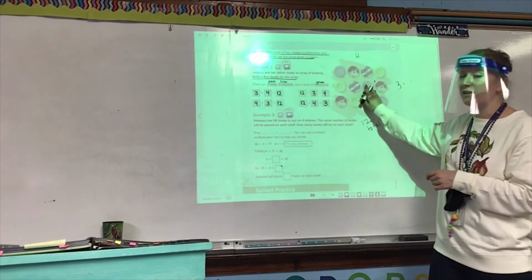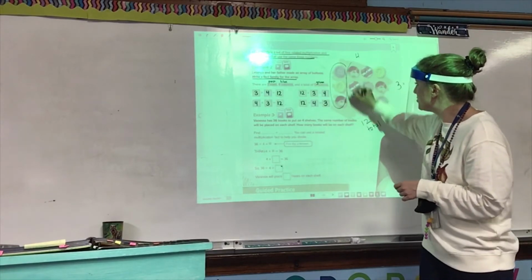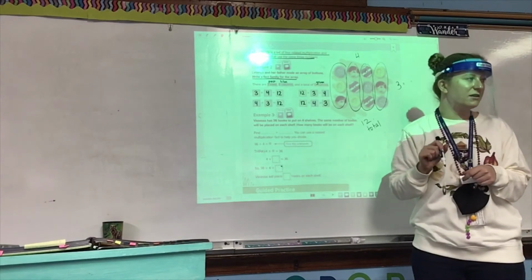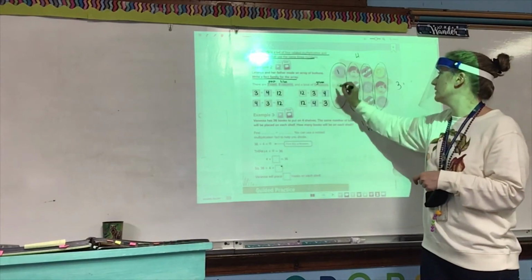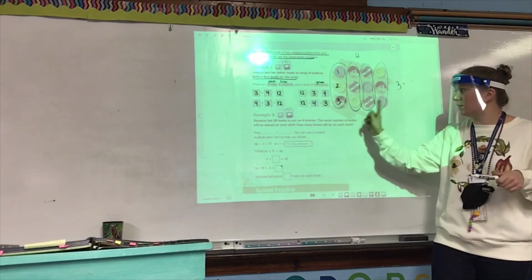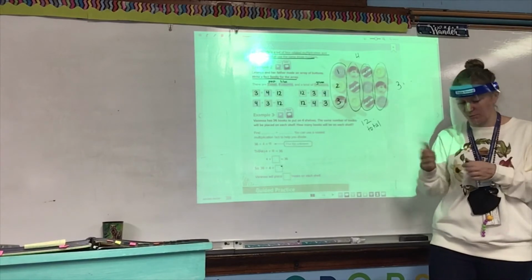We broke our 12 objects into 4 equal groups. 1, 2, 3, 4. And then we counted the number of items in a group. 1, 2, 3. As long as we broke them into equal groups, we're going to have 3 in each group.